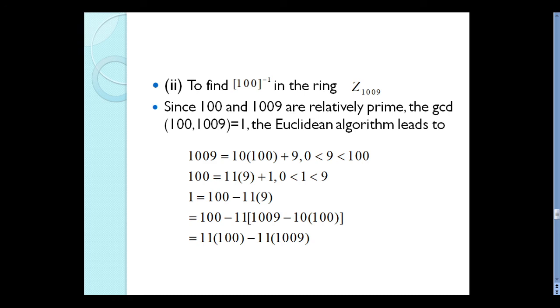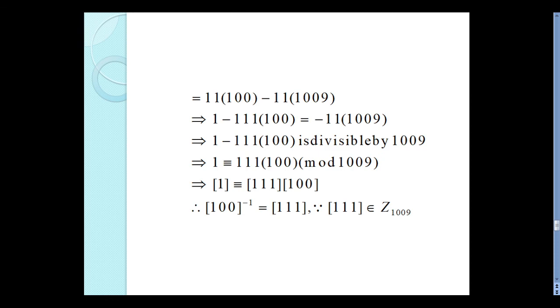11 into 1009 minus 11 into 10 into 100. So when you simplify this term and this term, we get 111 into 100. And this one I have written the same thing. Now 111 into 100 minus 11 into 1009 we got, and this can be written as 1 equal to this one.